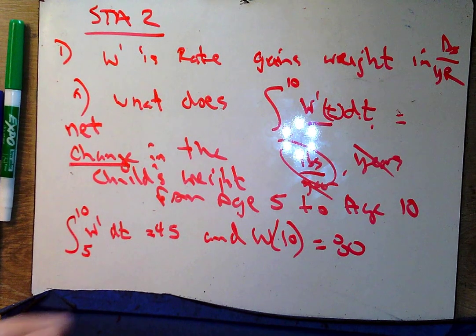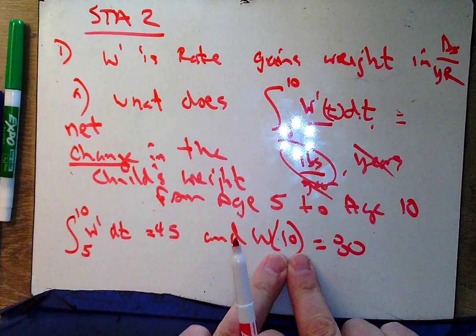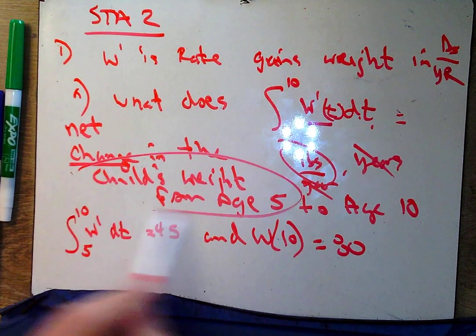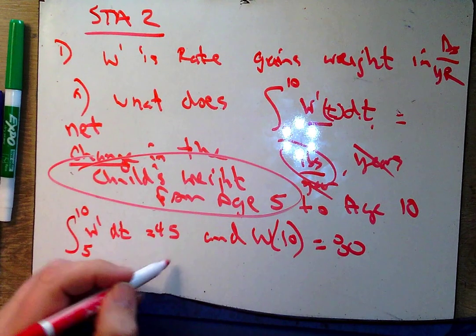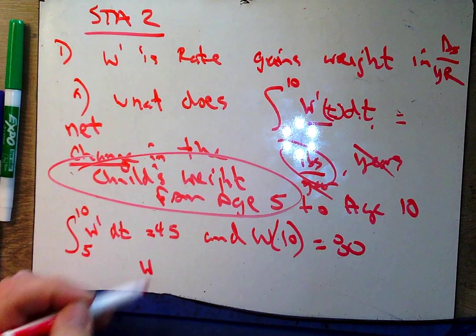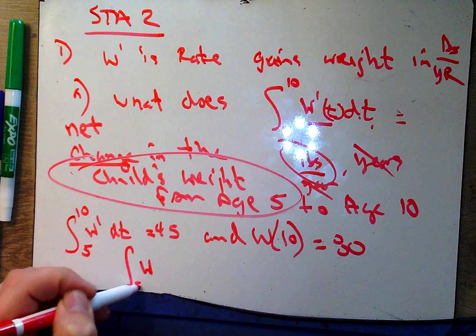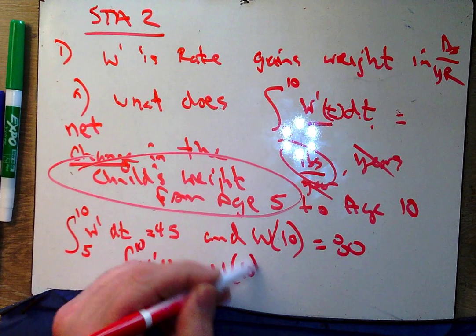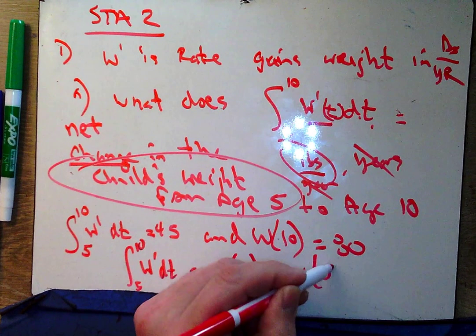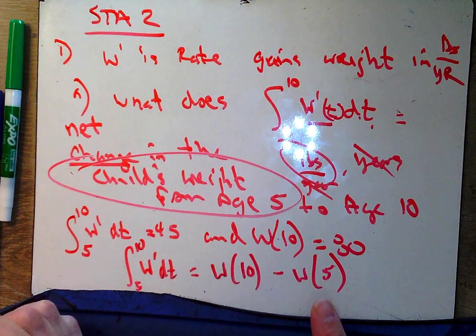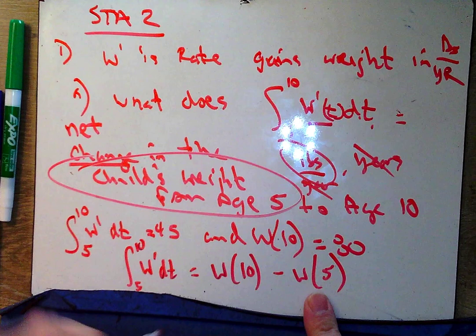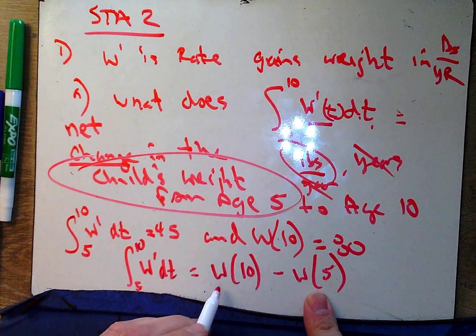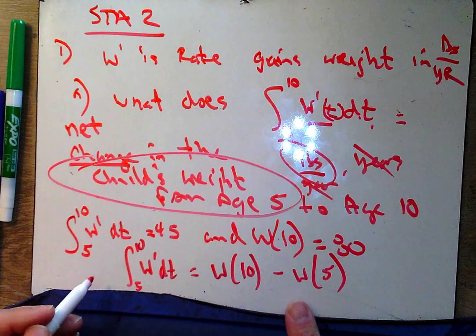All right. So we know this information, we know this information, and we want to know the child's weight at 5. So, think about FTC2. If you integrate from 5 to 10 w prime, that's going to be w of 10 minus w of 5. So, if I'm looking for w of 5, I'm going to add this and subtract that.